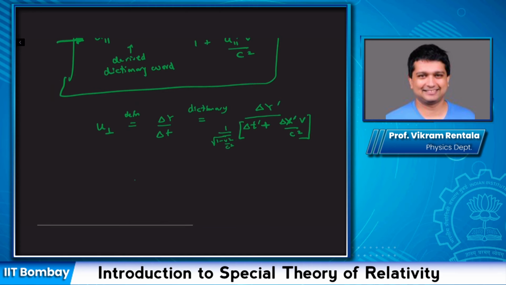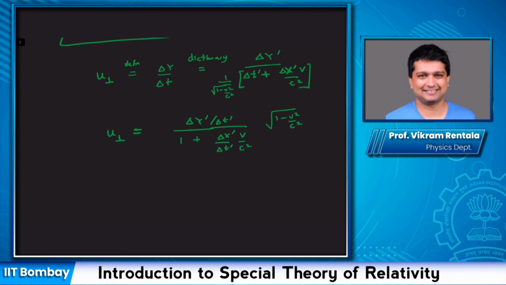So there's a 1 over square root of 1 minus v squared by c squared. So finally, what we get is u perpendicular is equal to delta y prime over 1, so again, dividing by delta t prime in both the numerator and the denominator, times the square root of 1 minus v squared by c squared.